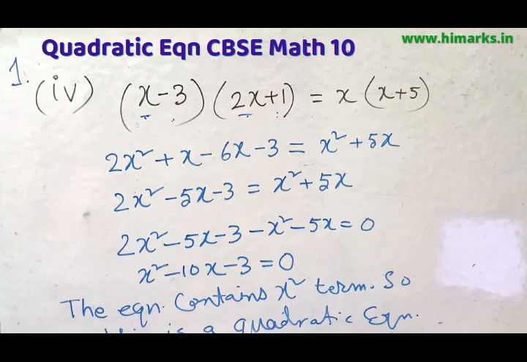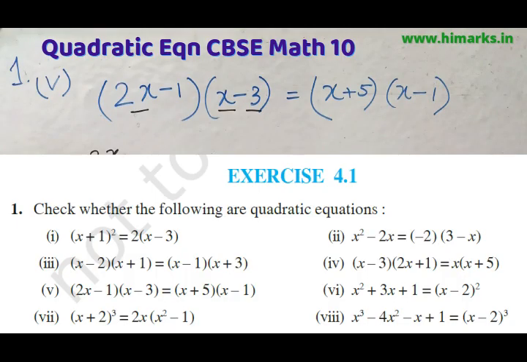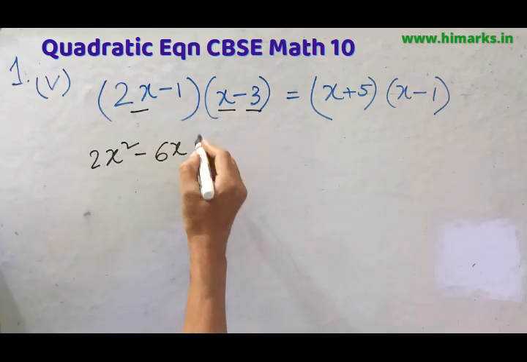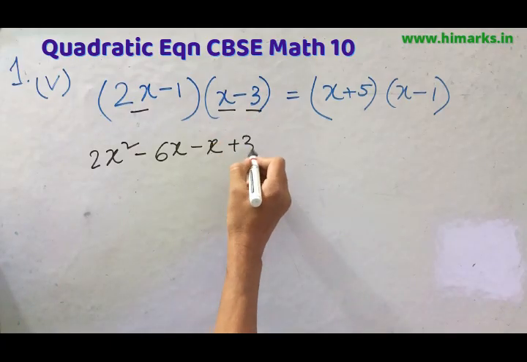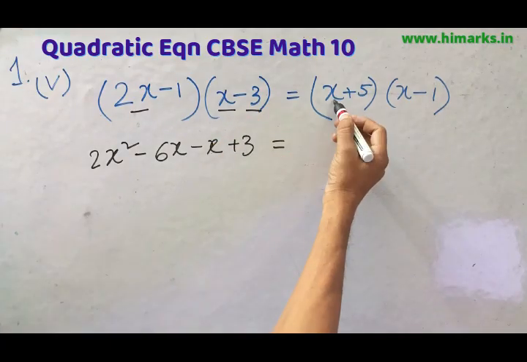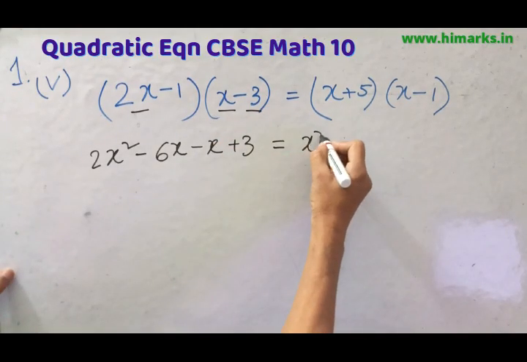Okay, this is 2x square. 2x minus 3 is 6 minus 6x. Minus 1 into x is minus x. And minus 1 plus 3 is plus 3. Here x into x is x square.